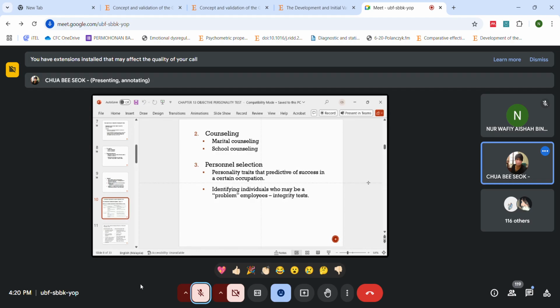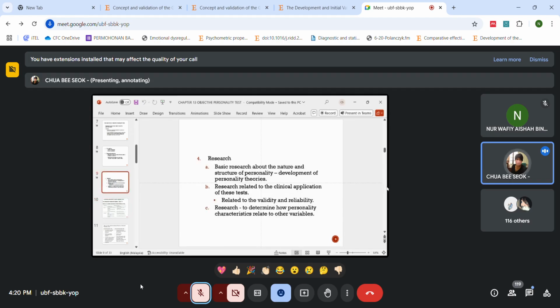Then, of course, personality tests are also used in research. Okay, so in research, either they do research about the nature and the structure of personality, yes, to develop personality theory, or to measure the relationship between the personality and other variables, like they use personality to predict job performance. So this kind of research uses personality.